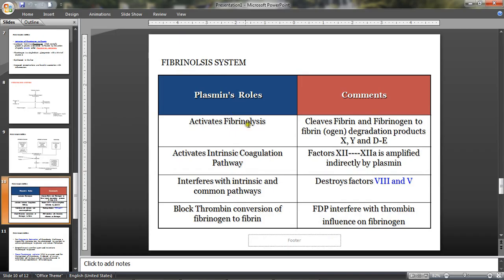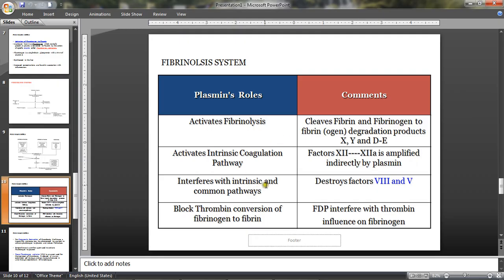Now, if you see the role of the plasmin, it activates fibrinolysis, cleaves fibrin and fibrinogen to degradation products, and activates the intrinsic coagulation pathway. This means that the formation of factor 12A from factor 12 is amplified by the plasmin.